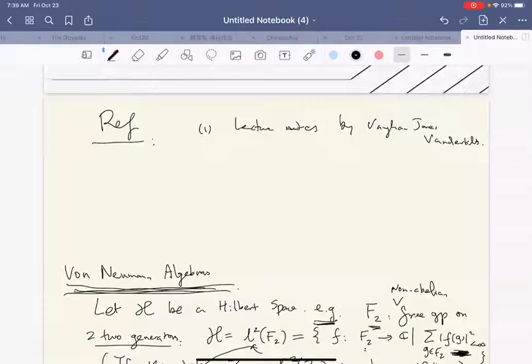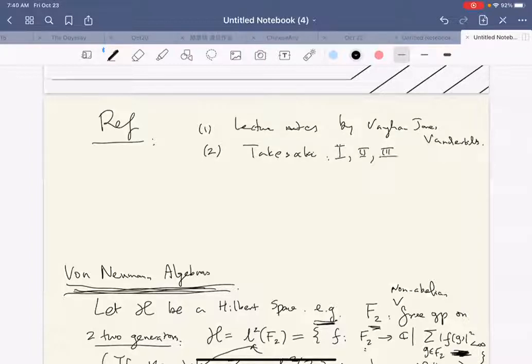And the second one: if you want an encyclopedia version of those things, including many more topics, this is the one by Takesaki. I think it's called Encyclopedia of Mathematics, and the title is also von Neumann algebras. There are volumes 1, 2, 3.